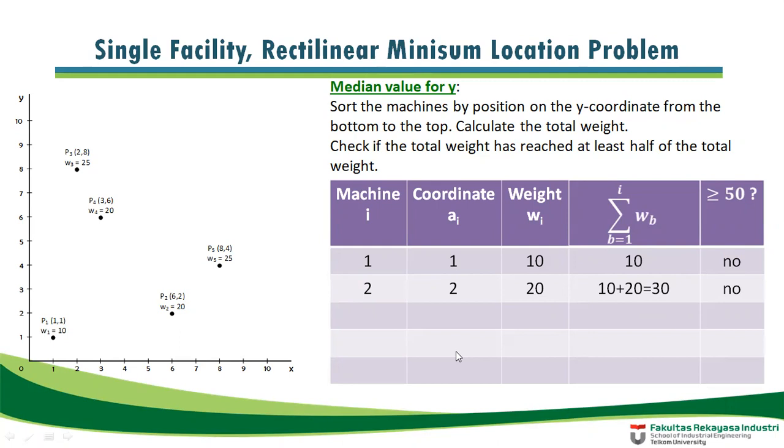So we go through the third iteration, which will be filled by P5. Following the same steps, in the third iteration I reach the minimum ending statement, which is reaching at least half of the total weight. So we can finish in the third iteration.